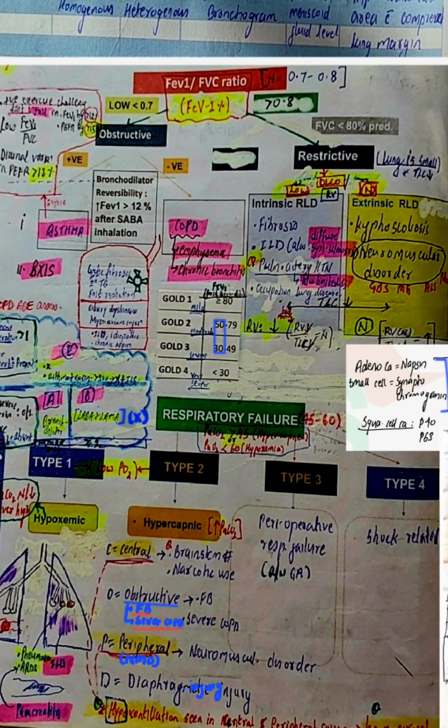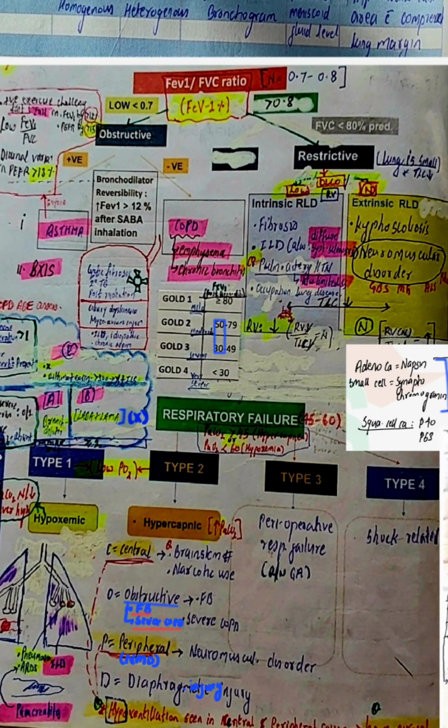And there's the GOLD classification. Always remember, GOLD 2 is 50 and GOLD 3 is 30. So whenever we add 50 plus 30, it will be 80. So the highest is 80. If it is 80 or more, it is GOLD 1. The lowest is 30. If less than 30, it will be GOLD 4.